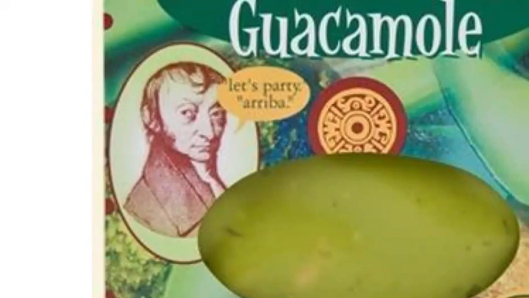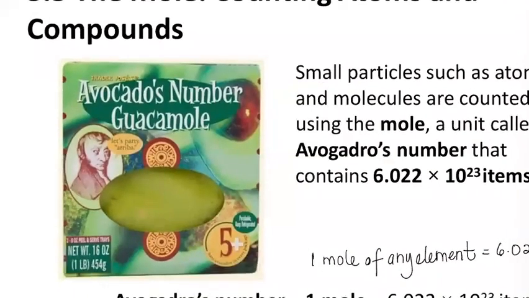Exactly, that's Avogadro. So again, I couldn't resist. The nerd in me was just geeked out. It's funny that they put the picture of Avogadro in guacamole. There's also a silly chemistry joke about avocados and guacamole, because it's a mole. Anyways, I don't know the joke because it's pretty bad, but I just found it amusing that they put the picture of Avogadro on the guacamole packaging at Trader Joe's.